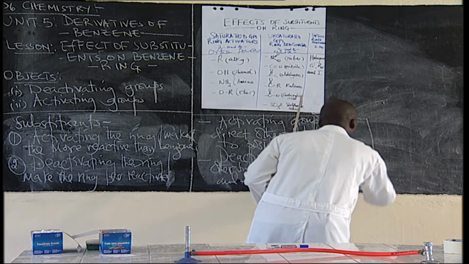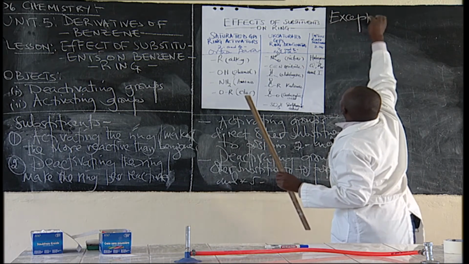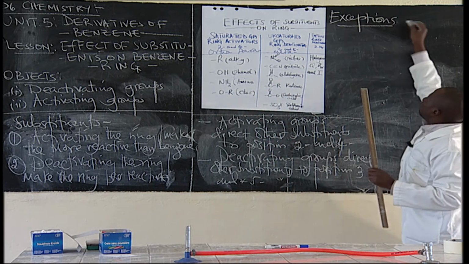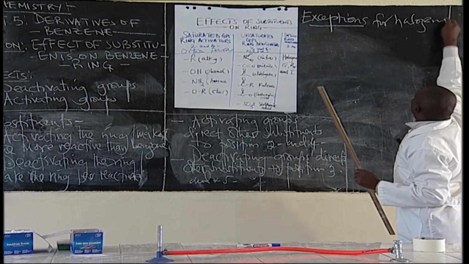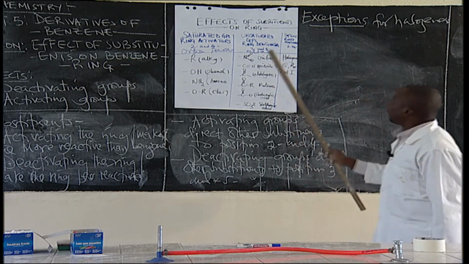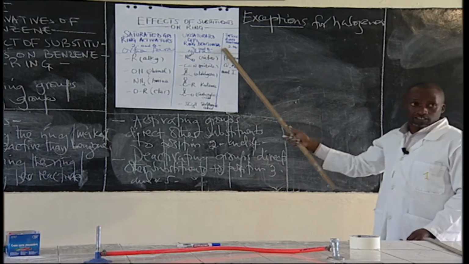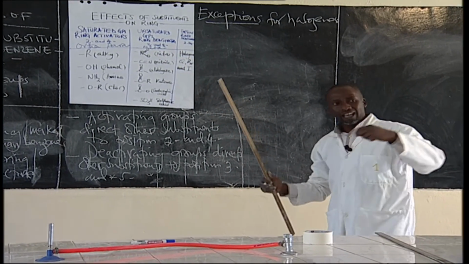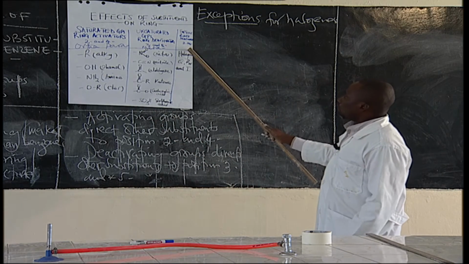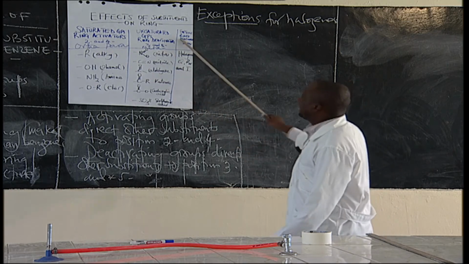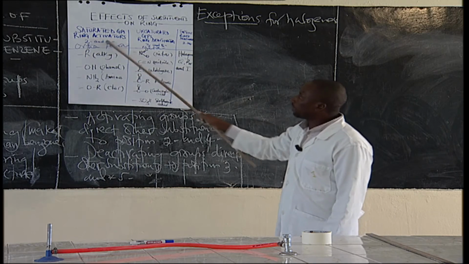So we may also mention the exception for halogens. For halogens, remember what we have said, that halogens are ring deactivators, but they direct other substituents to 2 and 4, which is similar to the ring activators.